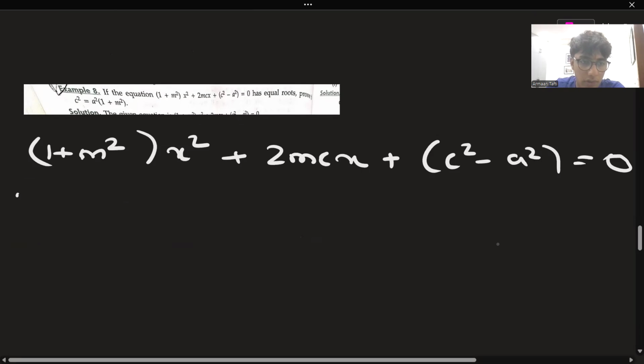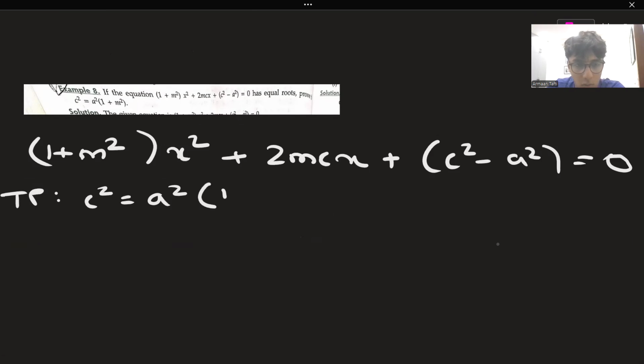Then we have to prove that c squared equals a squared times (1 plus m squared). We've been given that this has equal roots. If it has equal roots, then what do we know? We know that D equals 0, and that b squared minus 4ac equals 0.